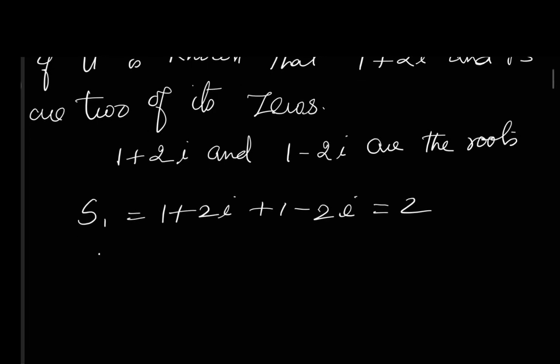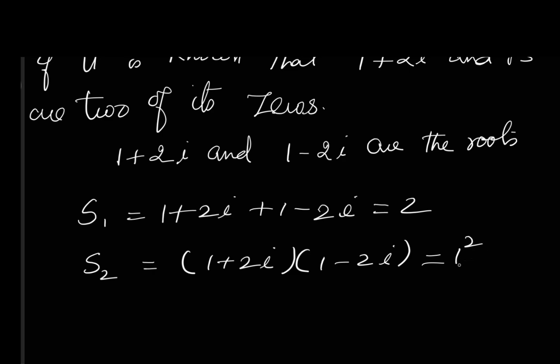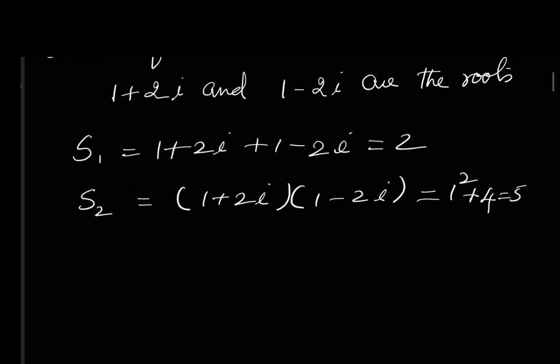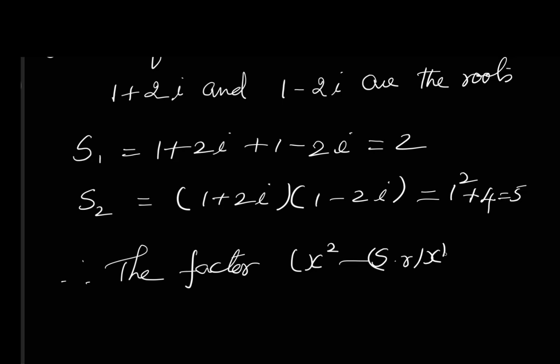Then the product of the roots, 1 plus 2i into 1 minus 2i, is equal to 1 squared minus i squared times 4, that is 1 plus 4, equal to 5. So the quadratic factor is x squared minus (sum of the roots) x plus product.